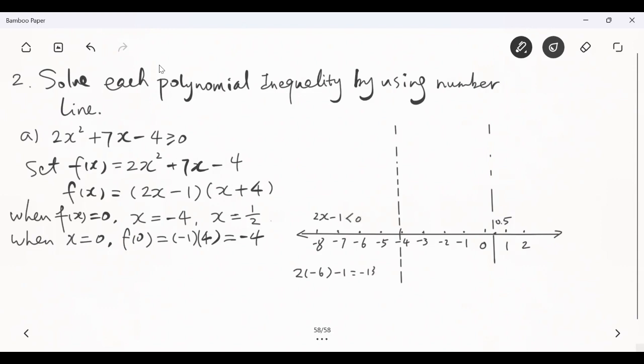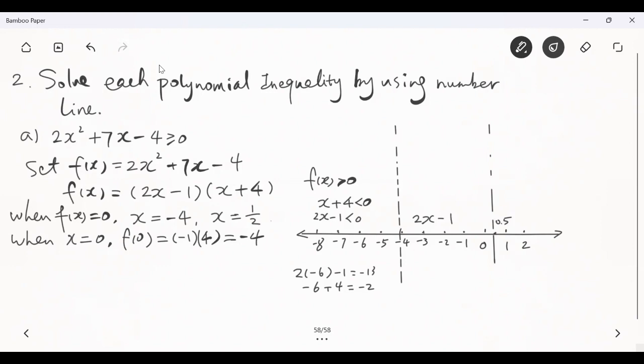And x plus 4, so it's negative 6 plus 4 equal negative 2. It's also less than 0, so it's negative. So here there are 2 negatives, so it's positive f(x), right? And if the plus crosses through negative 4, so 2x minus 1.